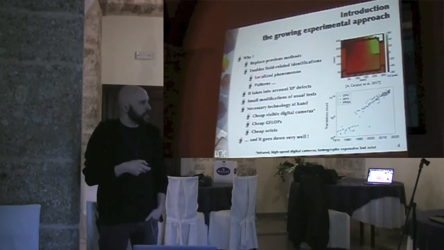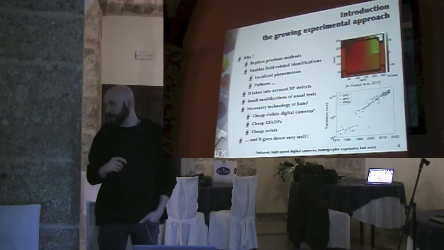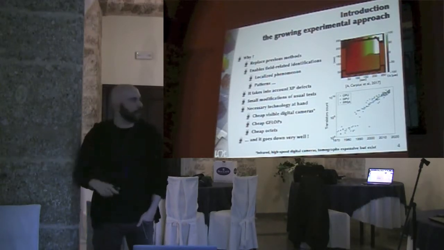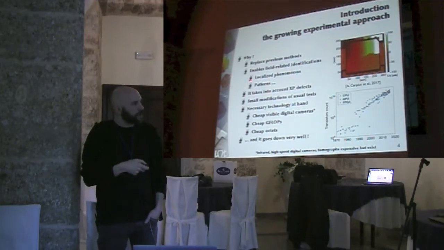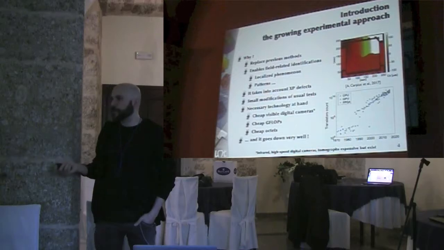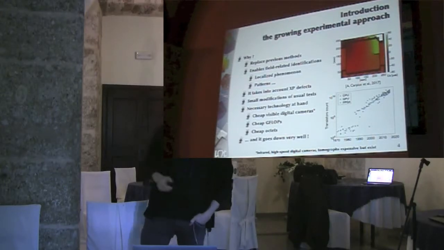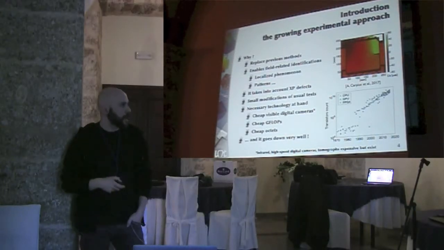You can study localized phenomenon. You can identify non-local model, for example. You can identify things like patterns, like for example in thermal fatigue, where cracks appears with different specific patterns.